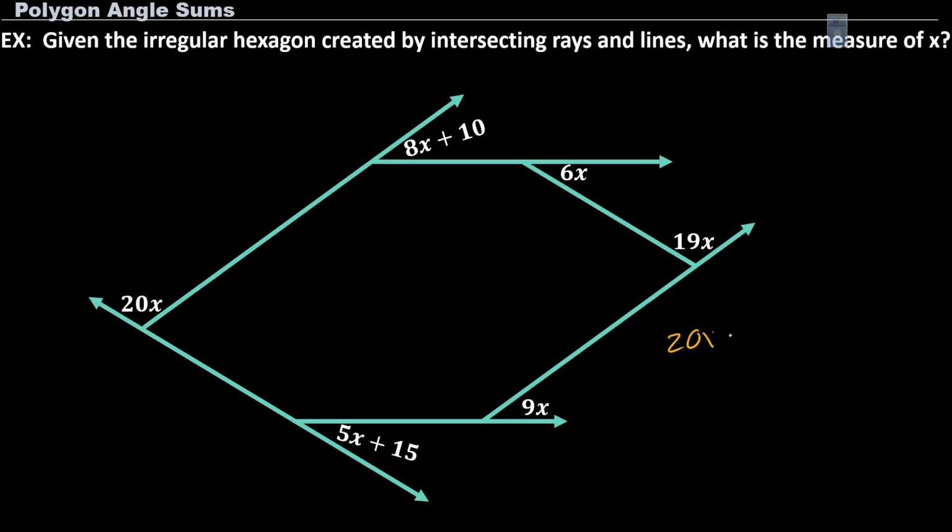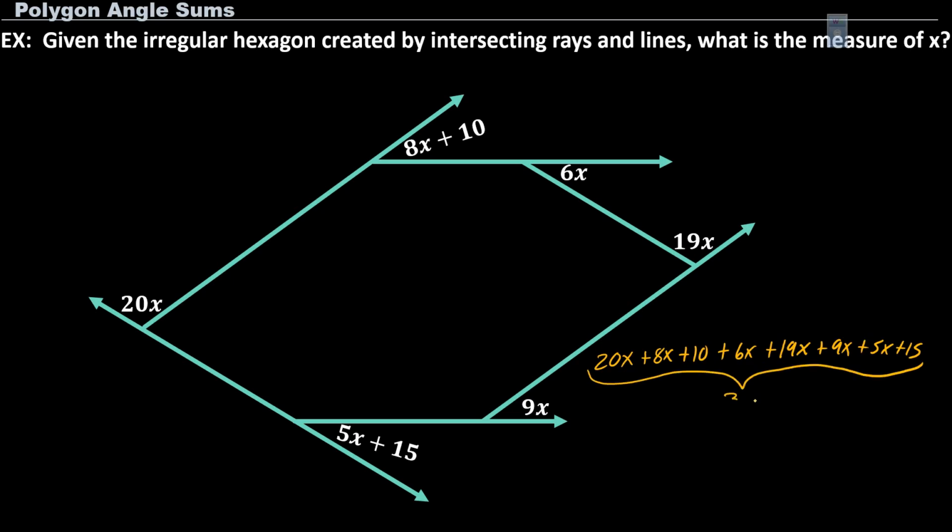So 20x plus 8x plus 10 plus 6x plus 19x, and then we'll write it a little bit smaller so we can fit it on, so plus 9x plus 5x plus 15, all of that must equal 360.